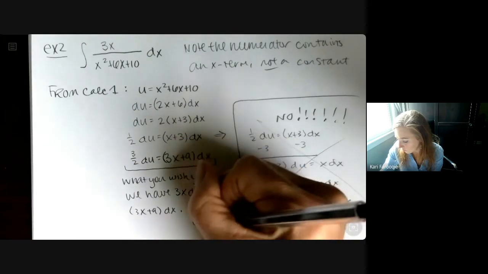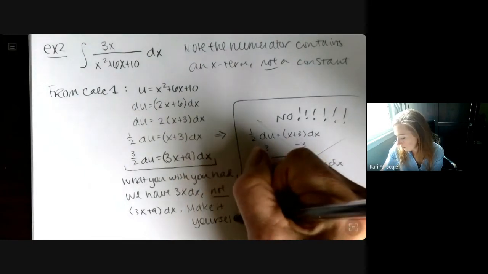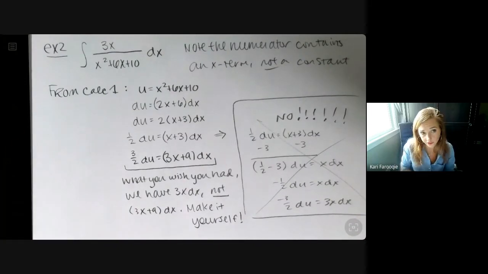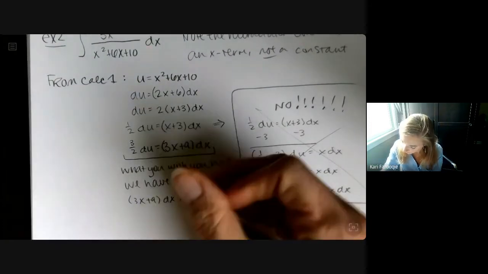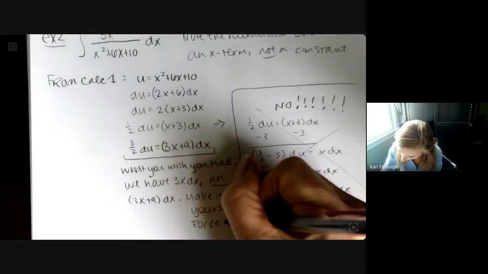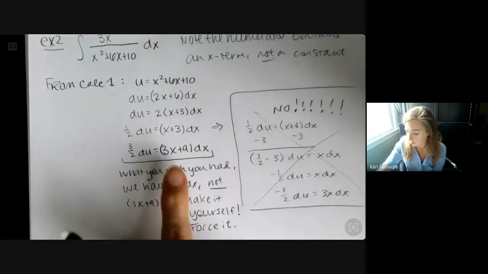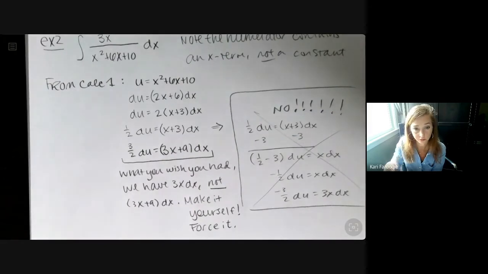Make it yourself. You're going to make yourself a 3x plus 9 dx so that you can force this into a u substitution. Okay, we're going to force this to be 3x plus 9 dx so that we can use this substitution. But what we're doing in the process is creating another term.